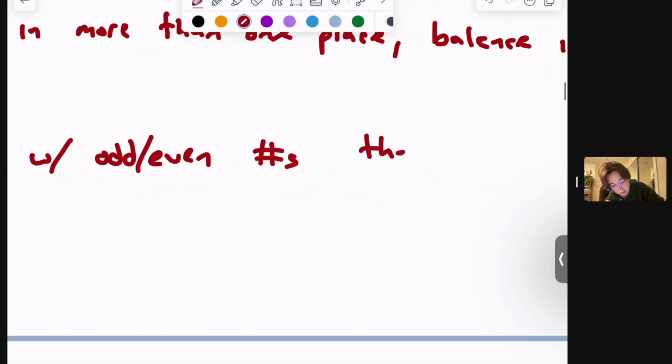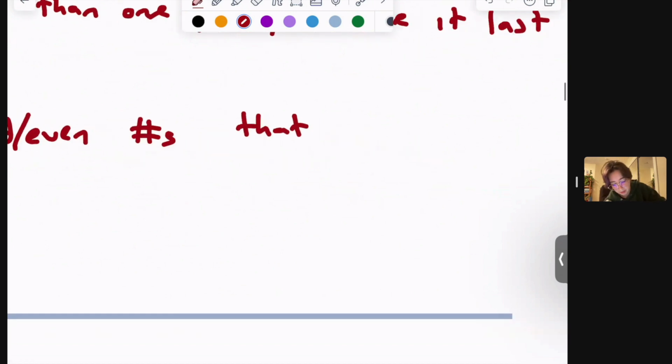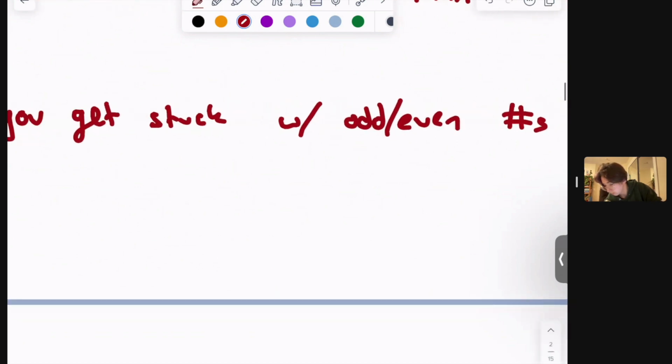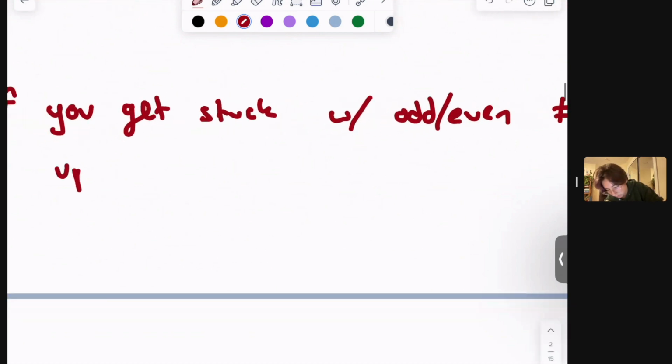Another tip, often you'll get stuck with odd and even stuff, and you can't get the number of atoms on one side to match the other. Try multiplying everything by 2.